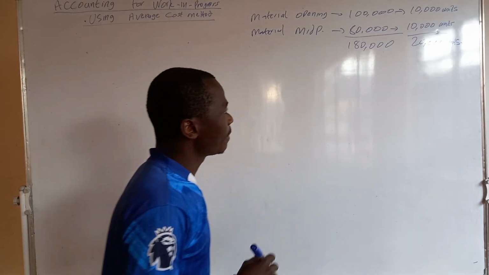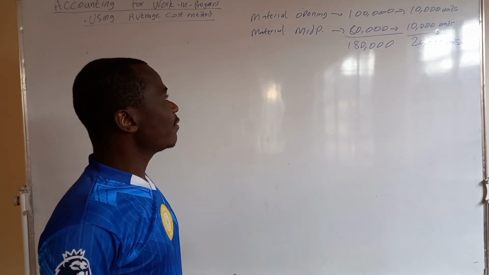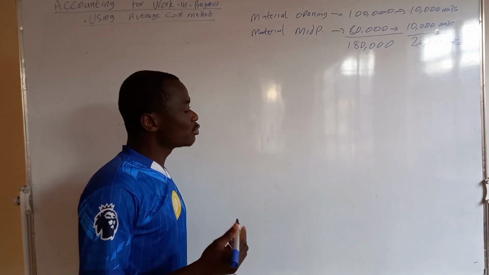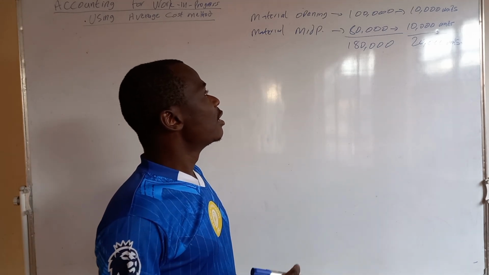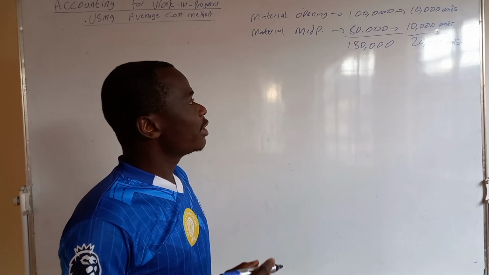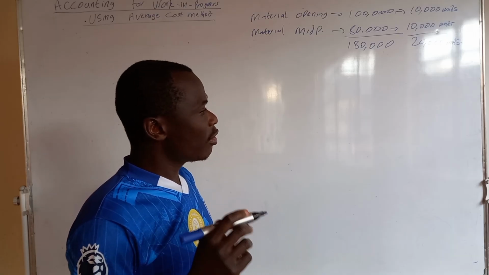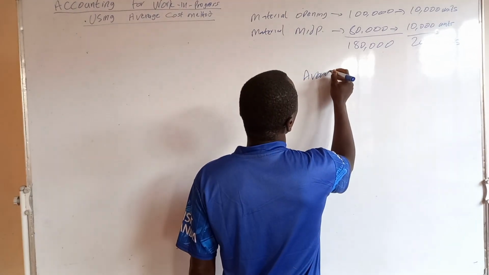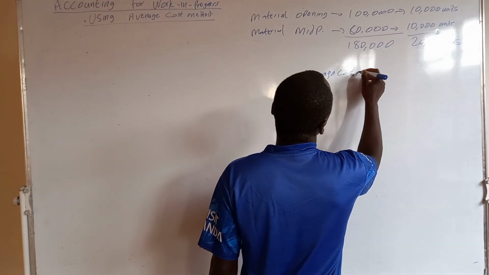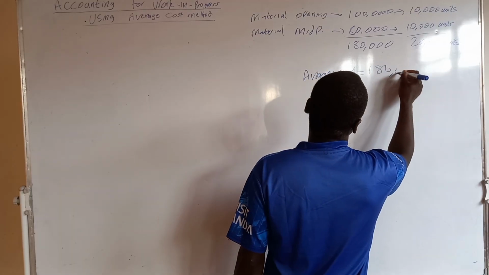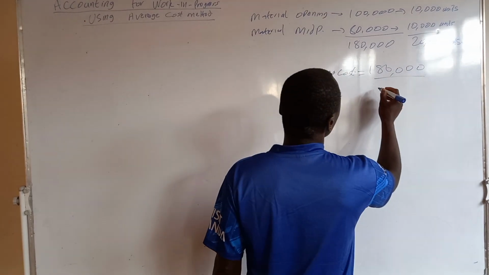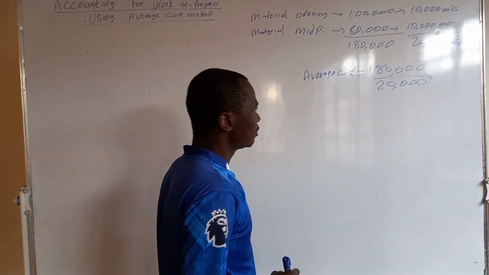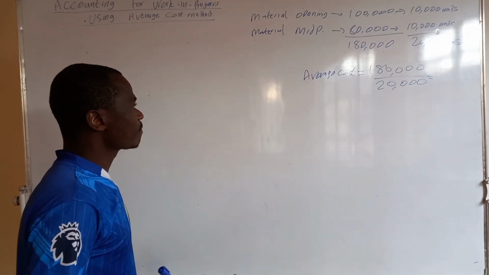So their average cost is the total cost of the material you used during that period divided by the number of units of material. Therefore, the average cost will be 180,000 divided by 20,000. Okay?